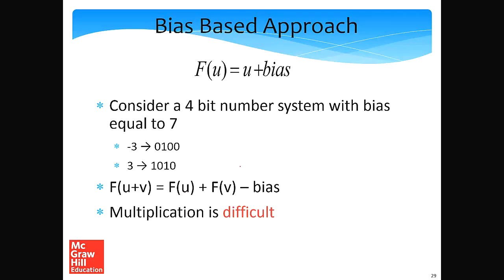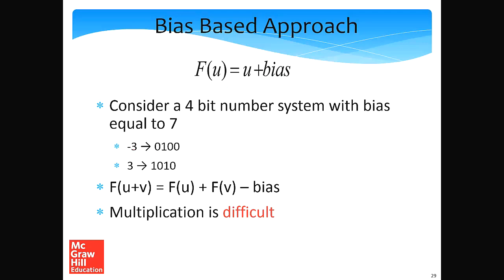So then let's consider one more approach called a bias based approach, which is used in a different number system. We'll have a chance to talk about it. So you consider a 4-bit number system with a bias equal to 7. So what are we trying to do? We are saying that you take any number, its representation is a number plus the bias. Fine.